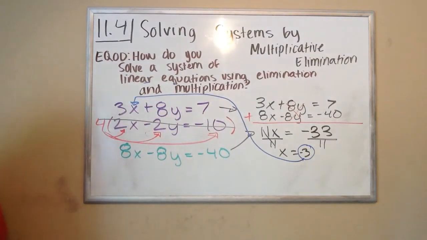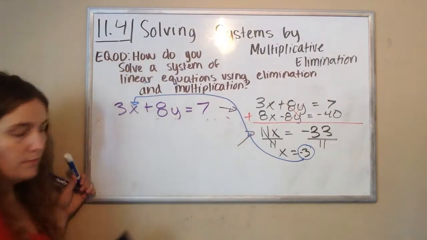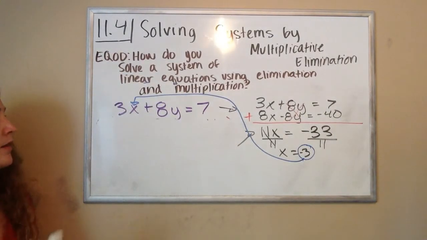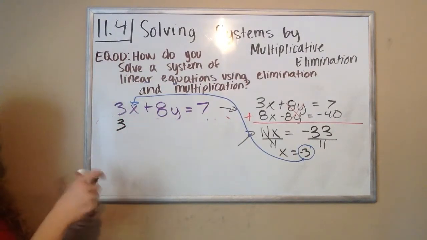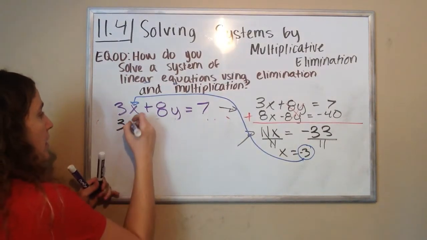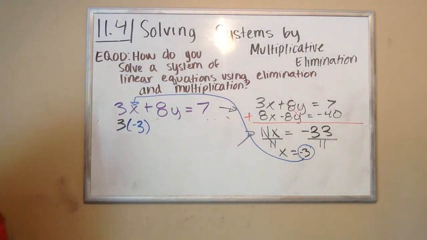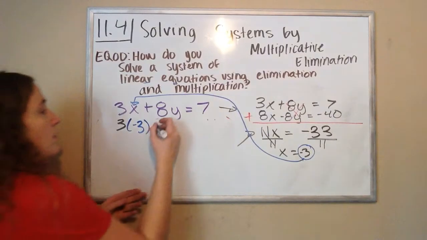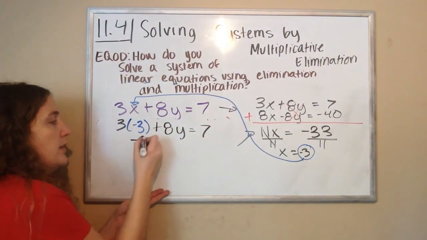And I get 3 times negative 3 plus 8y equals 7. 3 times negative 3 is negative 9.